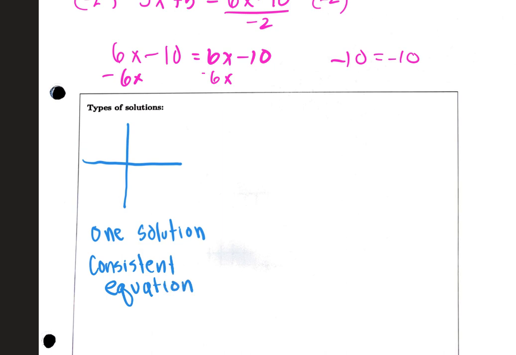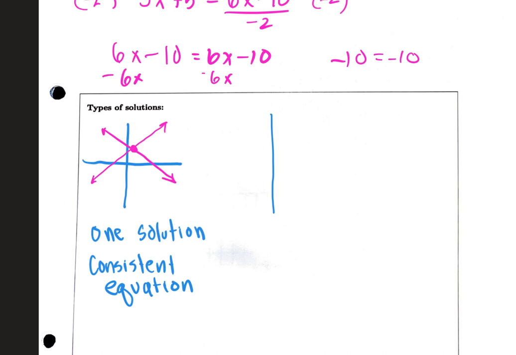So I have here, when I have one line and another line, and they cross at exactly 1 point. That's what happens most of the time. We get one solution.